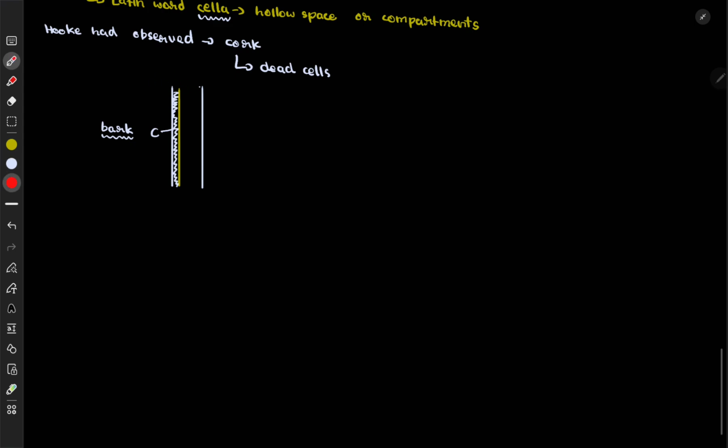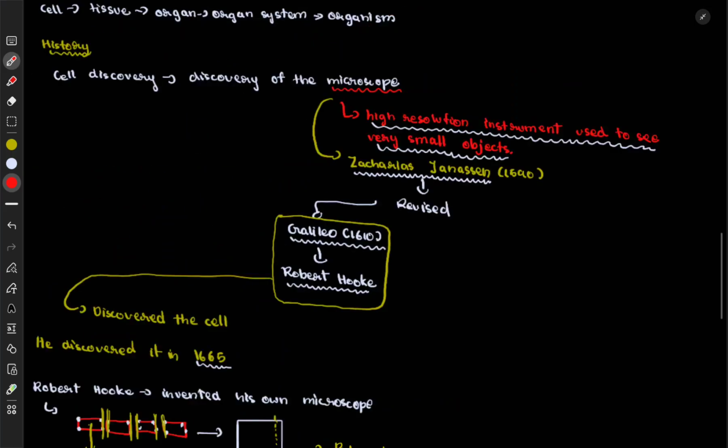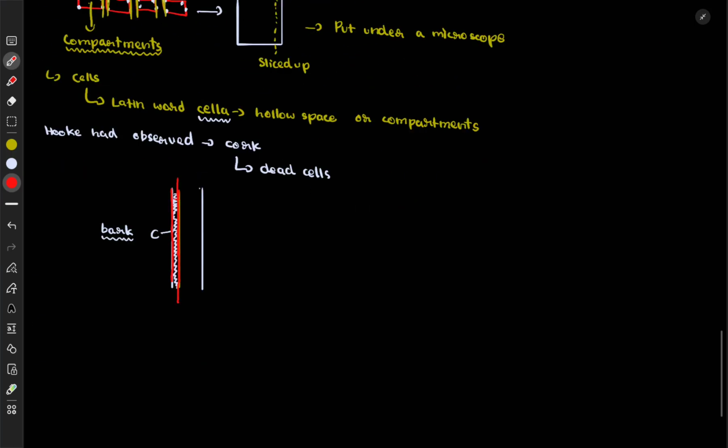This layer stays alive only when it's within the tree. But what is cork? Cork is made by cutting this off, and then he took that piece of cork and sliced it up.